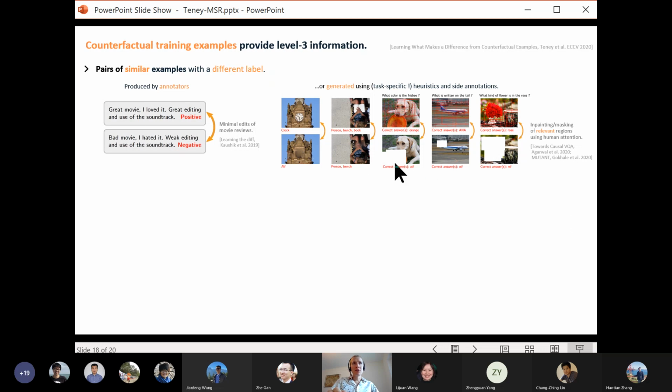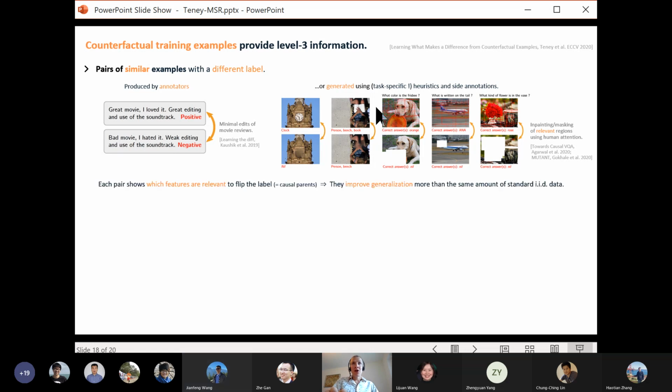For example, for some vision tasks, also for VQA, you could mask objects or use existing annotations like human attention to in-paint regions that are known to be relevant for each question. So you get these pairs of examples relatively cheaply, but you still need some additional annotations or some additional information.